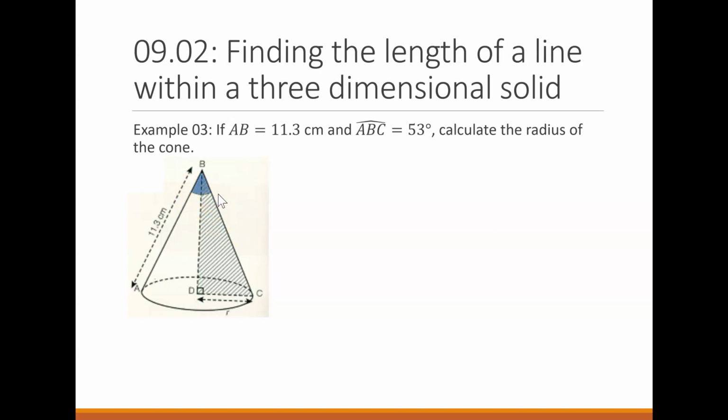Now we know that angle ABC is 53. Does that allow us to say anything? DBC is half of that. Why? How do you know that it's going to bisect it?